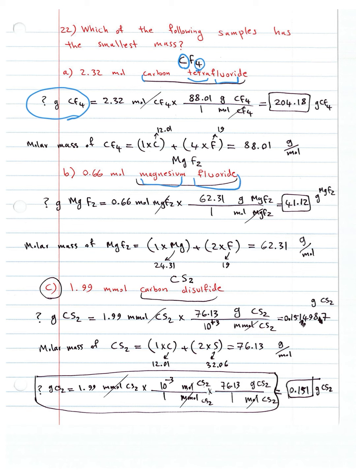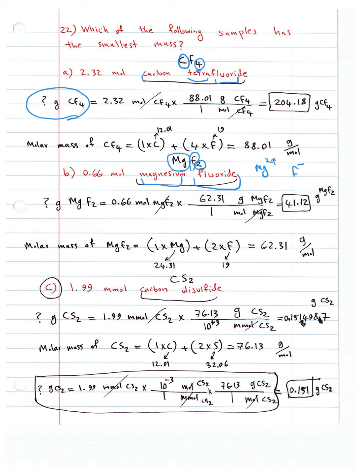Magnesium fluoride, you write F2, and then it would have been Mg2+ and F-. You should have 2 fluorines for this compound to be without any charge. Carbon disulfide, you remember mono, di, tri, so carbon disulfide.